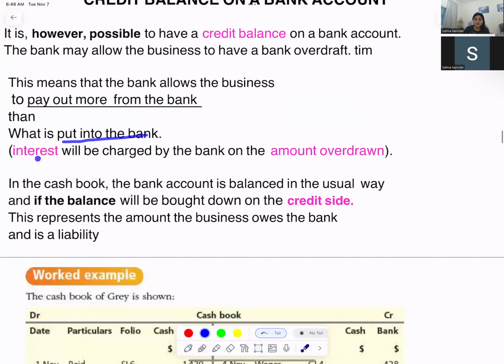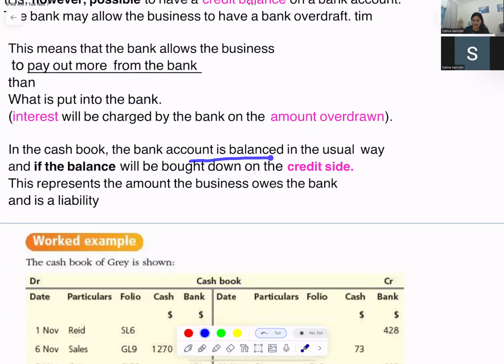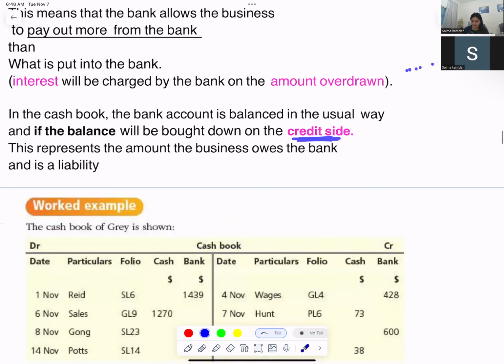Bank may charge you interest on the amount overdrawn. So in this case, when the bank account is balanced in the usual way, if you have a bank overdrawn, the balance brought down will come on the credit side.